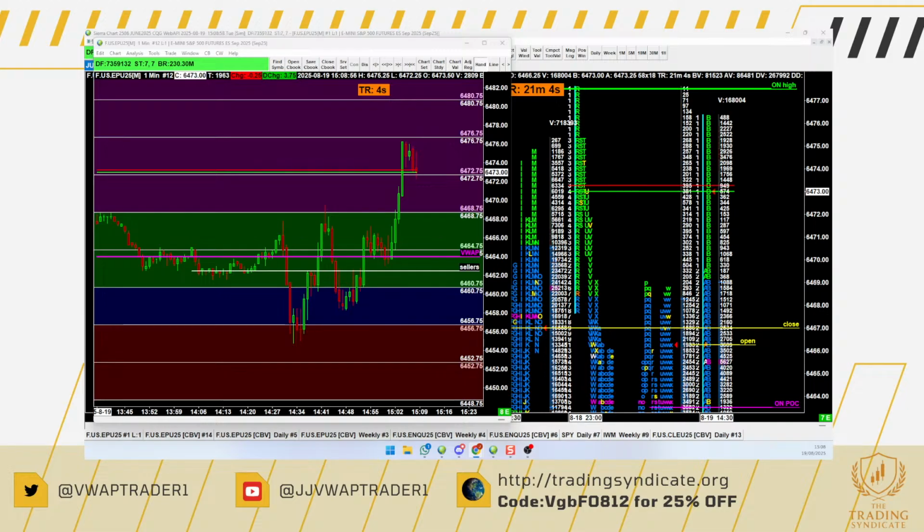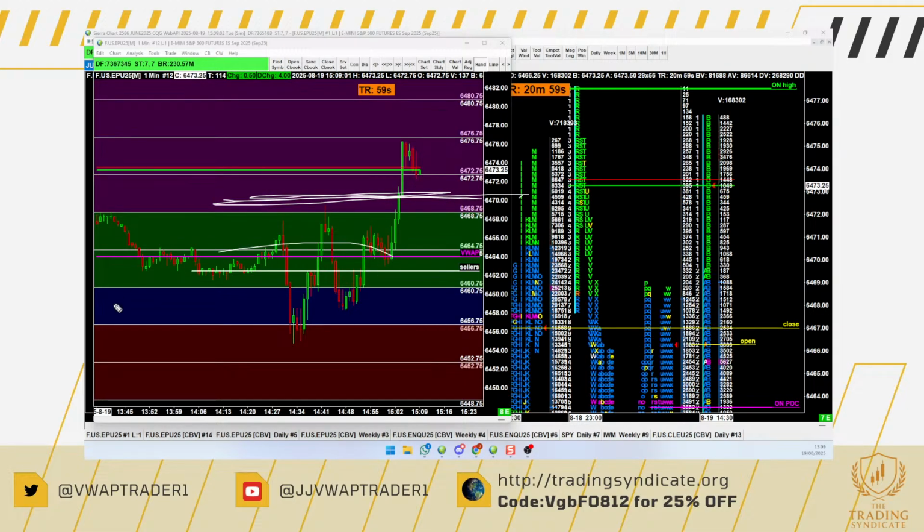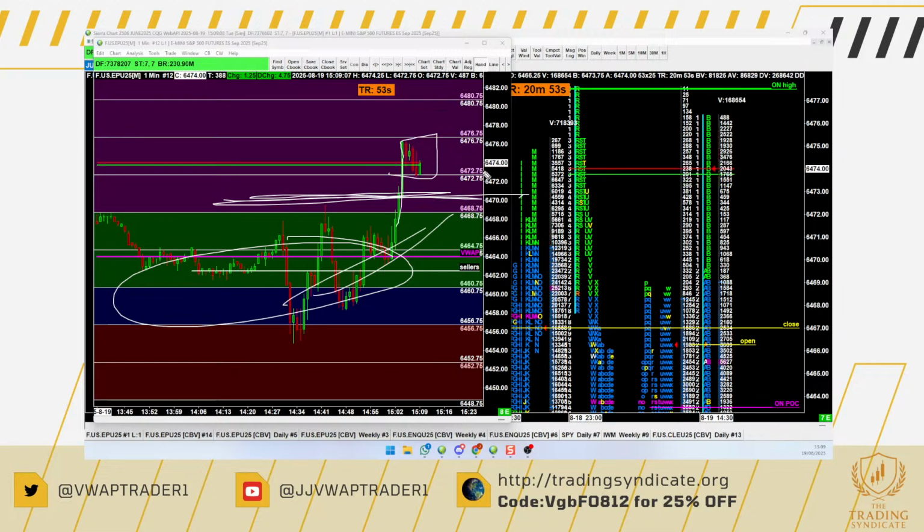So your shorts are trapped under here in this area where everybody else was accumulating, they were shorting. They go to cover, everybody just yanks price higher. And now it's going to distribute up here.